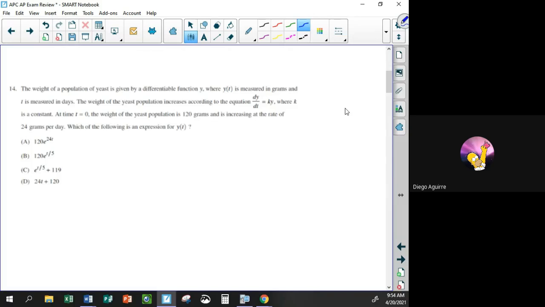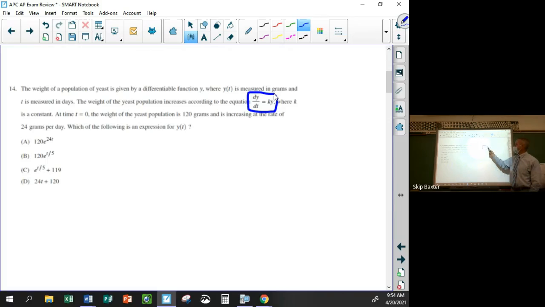Just looking at the way it's set up. So we have, remember, another way of writing this is that the rate at which the quantity changes is proportional to the amount that there is. So you should be able to, just based on that description, rule out 2 of these 4 choices. Which 2 can you rule out?